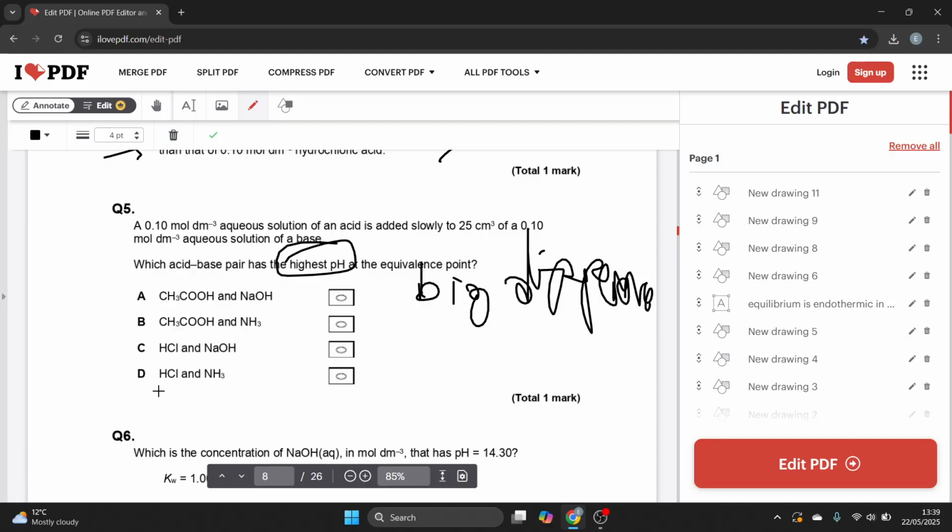Now, the thing about HCl and sodium hydroxide: HCl is a strong acid and sodium hydroxide is a strong base. Same with D as well.